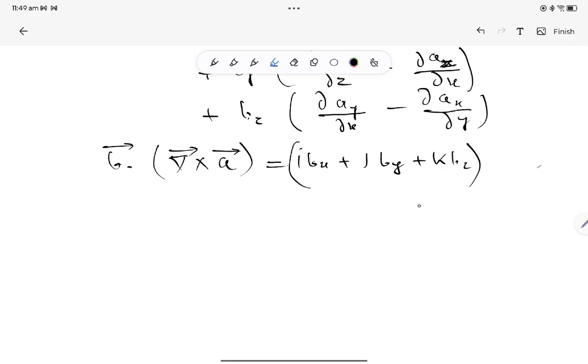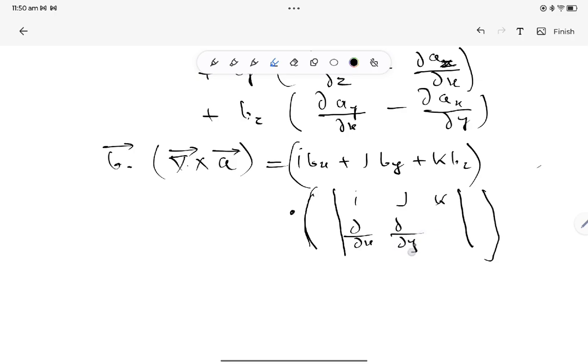Dot. There will be a dot, and then this determinant with i, j, k, del by del x, del by del y, and del by del z, which are the components of del, and then the components Ax, Ay, Az.